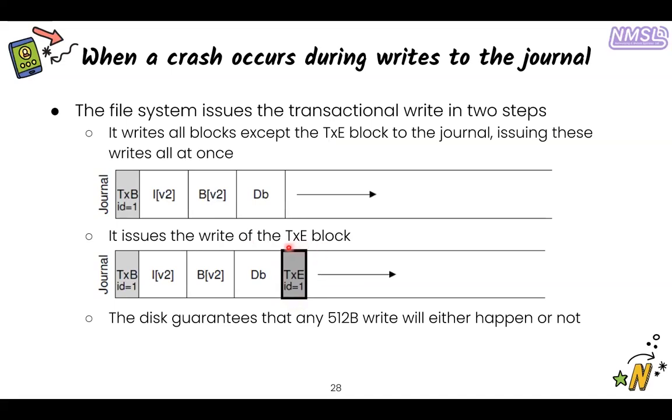The reason this is important is that the disk guarantees that any 512 byte write will either happen or not. So there's no in between. If it's 512 bytes, it's either written or it's not at all. Now, TXE is 512 bytes. So if this went through, we're safe.